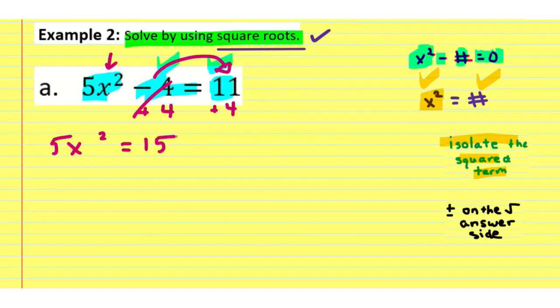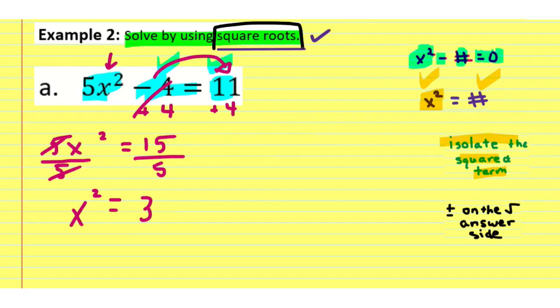Okay, we continue just using our Algebra 1 order of operations processes to divide out the 5 on both sides. These will cancel, and I end up with x squared is equal to 3. Okay, at that point, we've now isolated our x squared on one side of the equal sign, so that means we are ready to use the square root method.